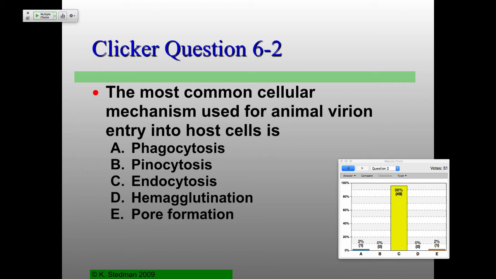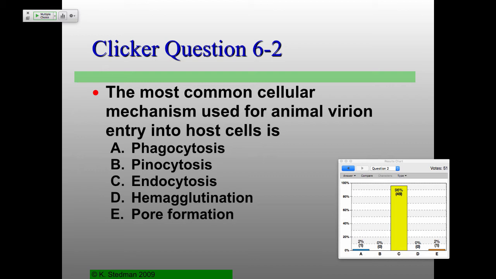That's true. We could. So we didn't talk too much about phagocytosis. This is the much more non-specific kind of interaction that Ellis was talking about, just cells picking up stuff from the environment. Pinocytosis is also very similar. Again, we didn't talk too much about that. Yes, it is endocytosis. Hemagglutination, that's a great way of detecting viruses.